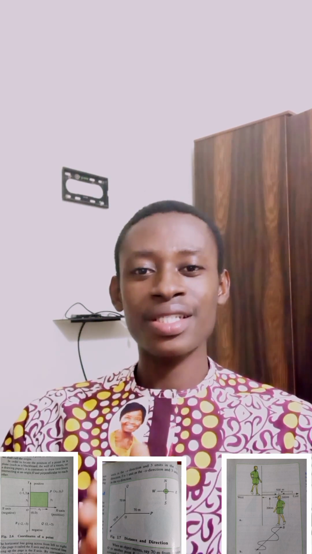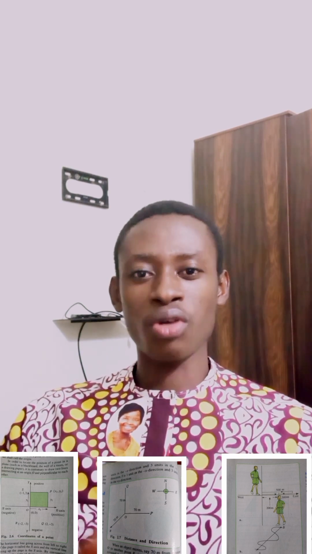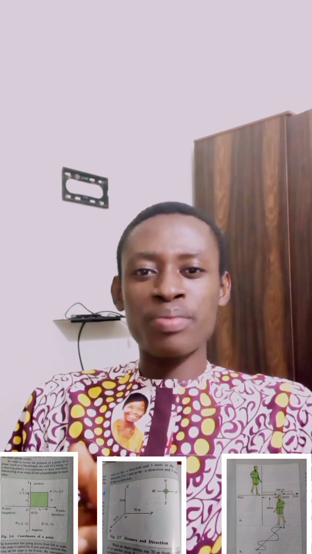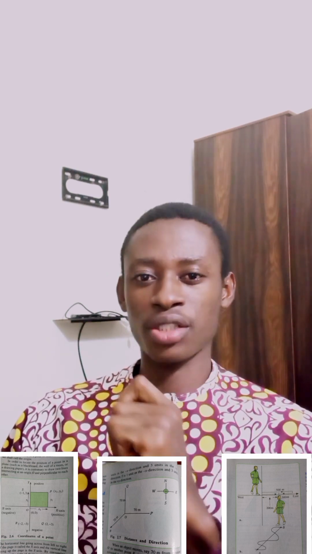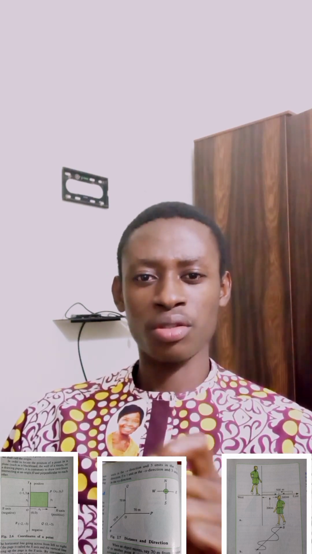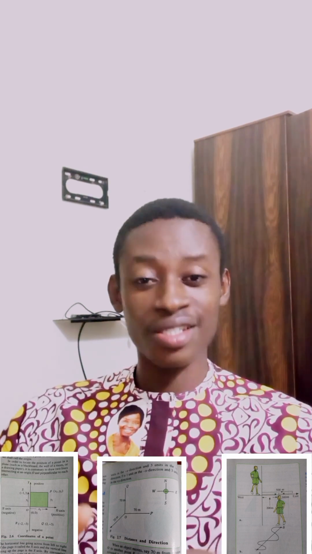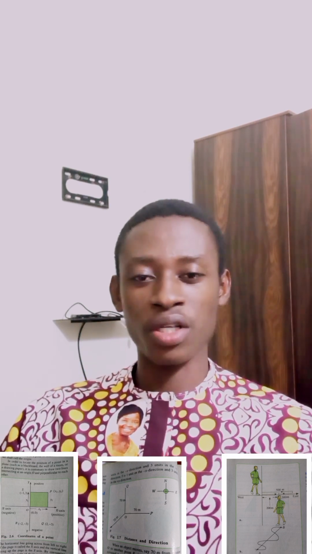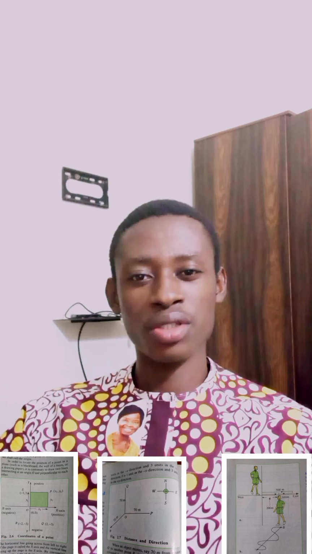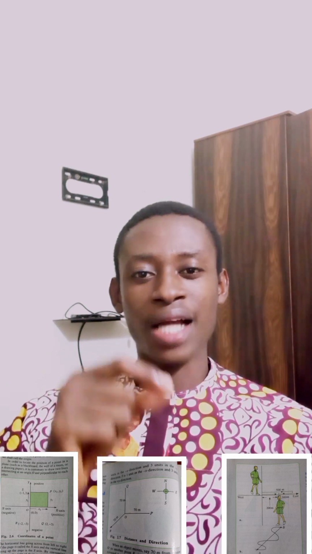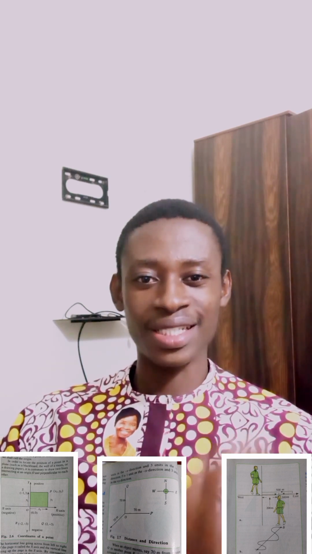But if we say distance covered, it is 800 meters. So you understand that part. Displacement is a distance in a specified direction, while distance is just the space between 2 points A and B. Distance is a scalar quantity, and displacement is a vector quantity because its magnitude and direction can be determined.